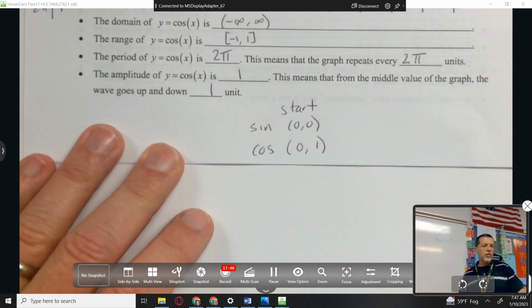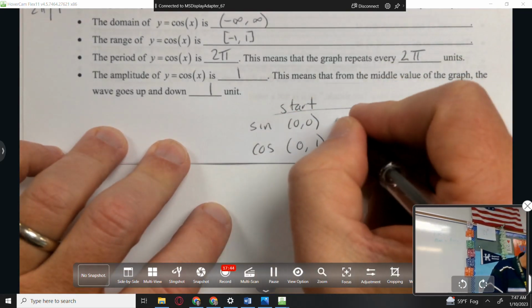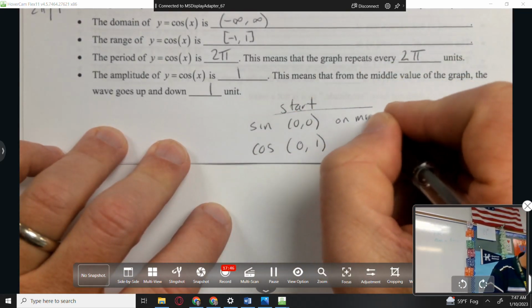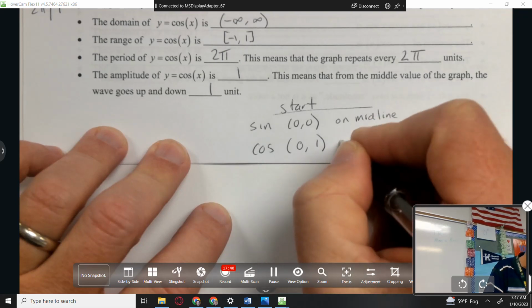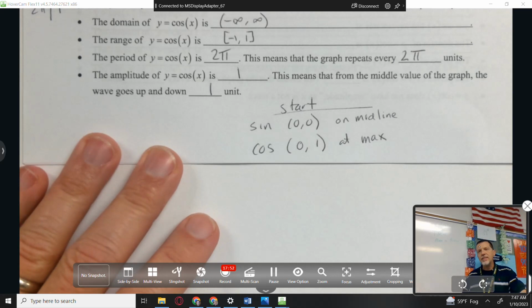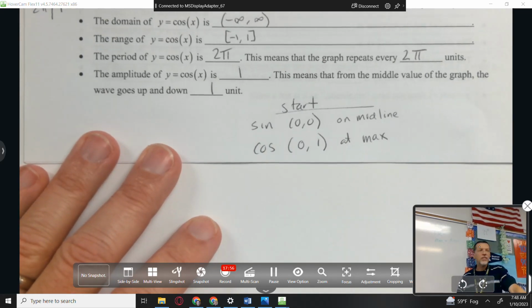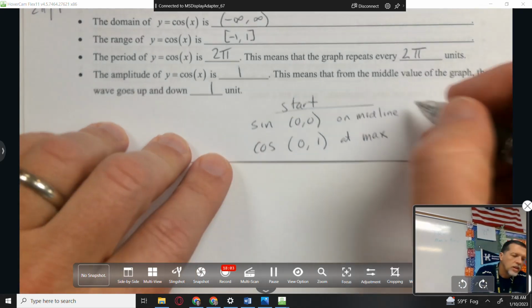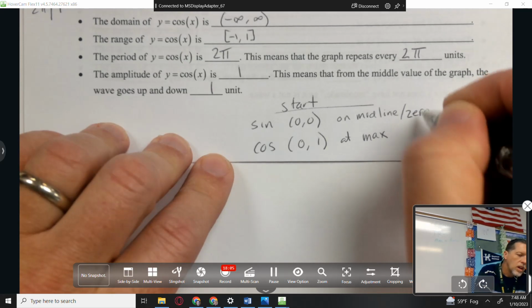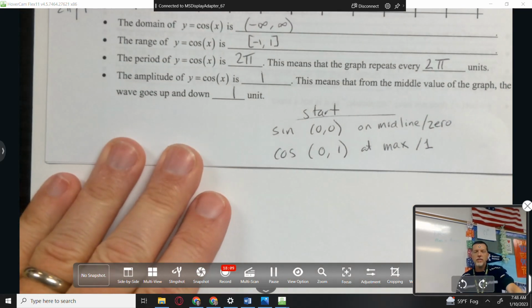Cosine starts at 0, 1. Another way to say that is that sine starts on the middle, the cosine starts at a max. Sine starts at a 0. Cosine starts at a max.